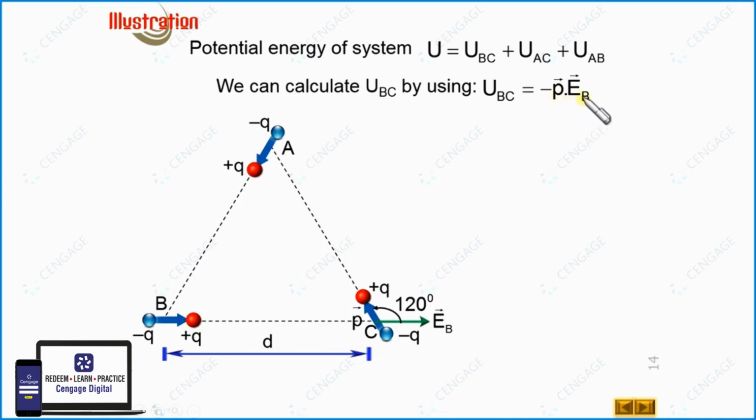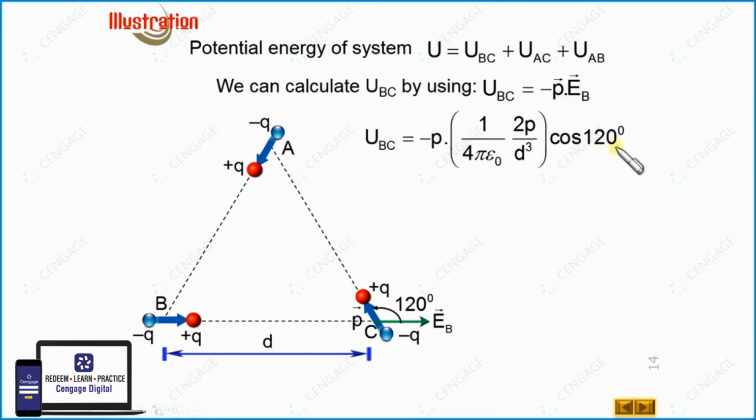So this is minus p multiplied by this magnitude multiplied by cos 120 degrees. Cos 120 degrees is equal to minus 1/2, minus and minus will be positive, and 1/2 and 2 will cancel out, and it gives 1/4π∈0 p square divided by d cube. Okay, this is UBC. As we discussed, UBC, UAC and UAB are all identical. That means the total potential energy is equal to 3 multiplied by this value.